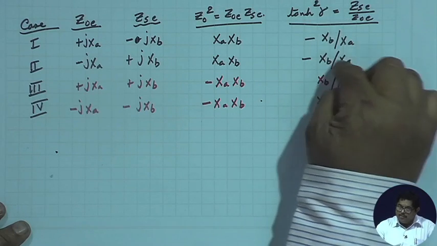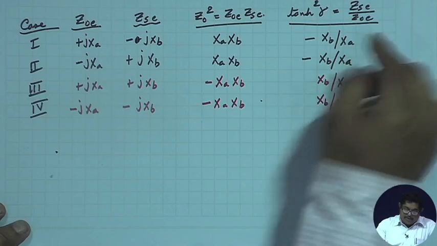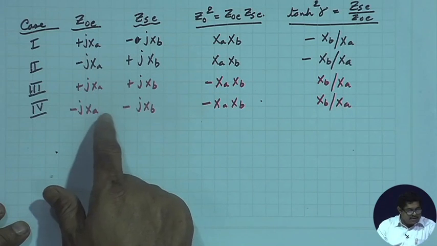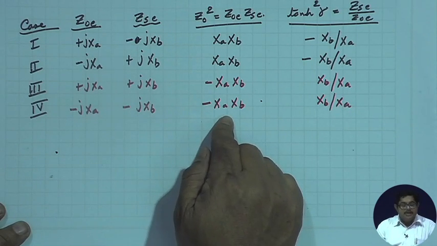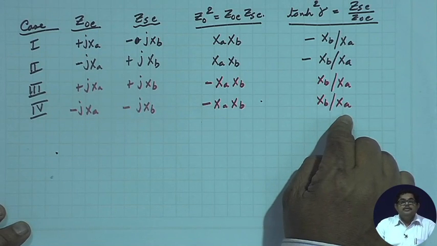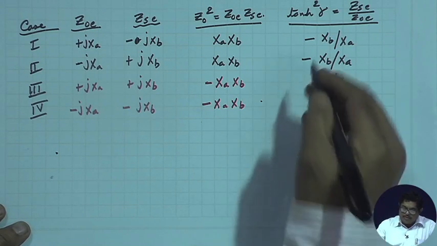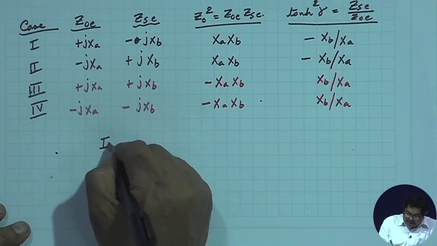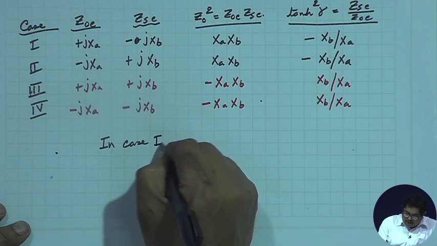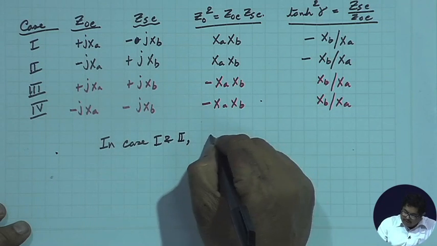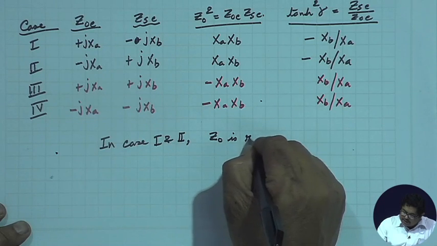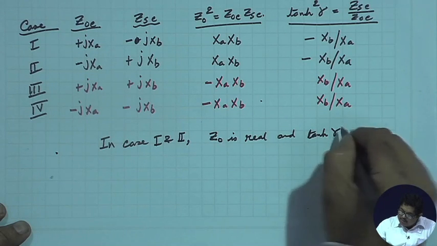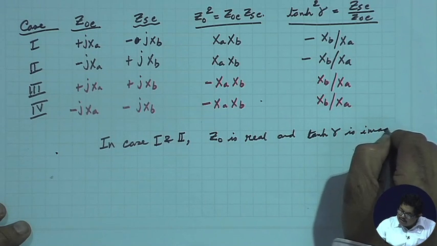So, tanh will be an imaginary number, and in case 3 and 4, which I have marked in red, you see Z naught is imaginary and tanh is real. So, let me write this: in case 1 and 2, Z naught is real and tanh is imaginary.